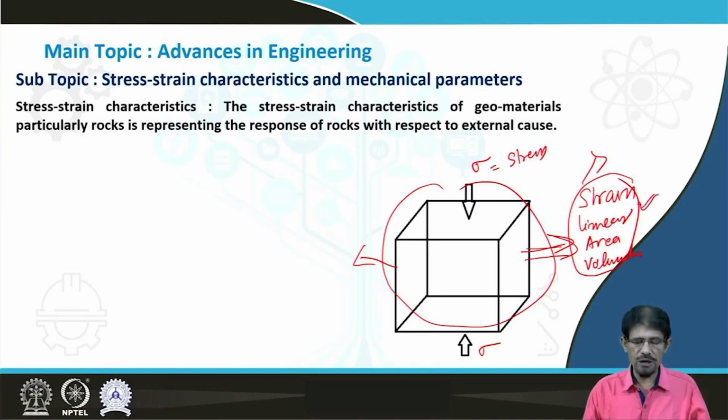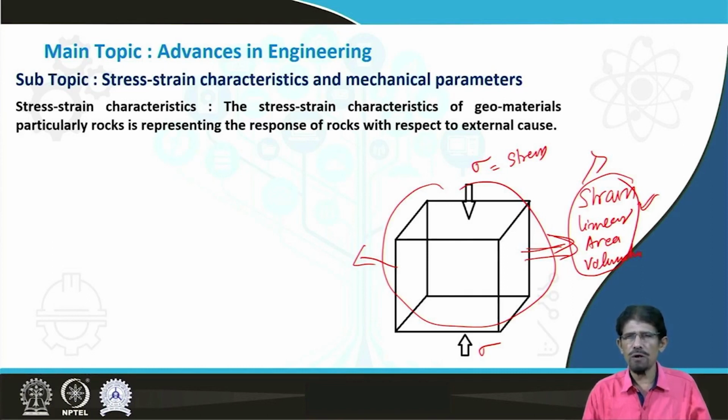As far as strain characteristics are concerned, this characteristic of geomaterial, particularly in the case of rocks, represents the response of rocks with respect to external cause or external forces. It may be natural, it may be anthropogenic.